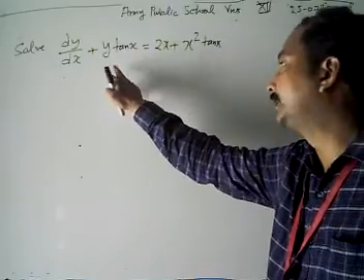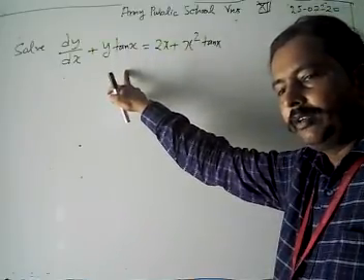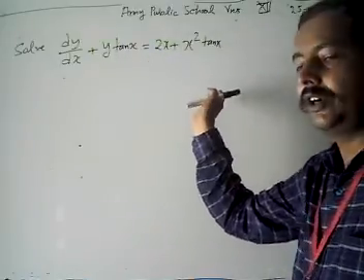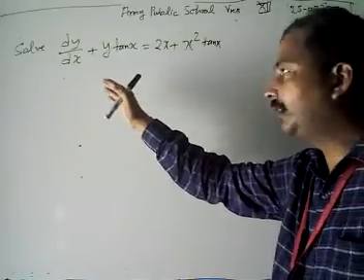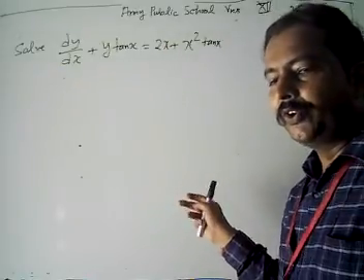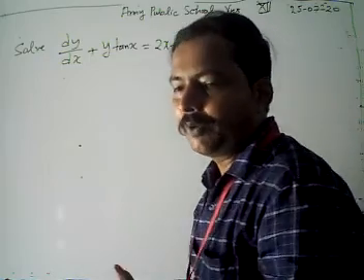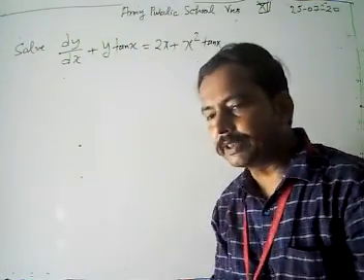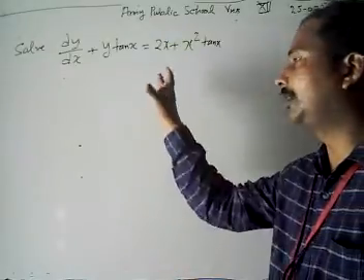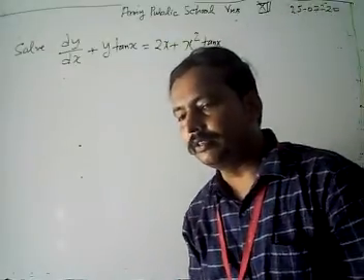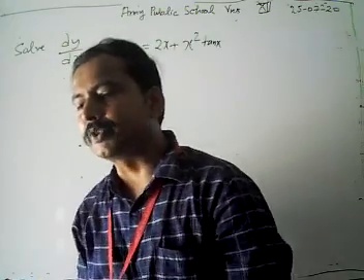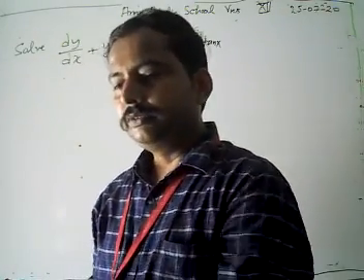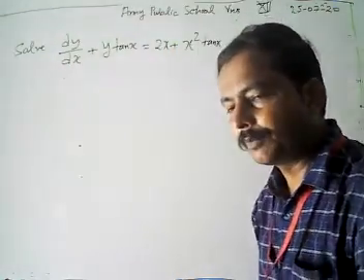It's y into tan x; when we shift, we cannot take y to dy or tan x to dx. So in this problem we are not able to use the variable separable method, and as it's not homogeneous, we cannot apply the steps of the homogeneous method either.